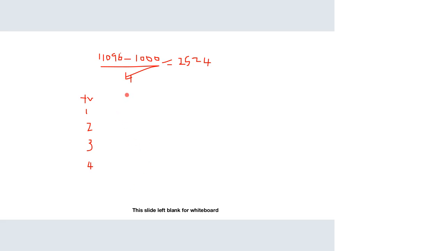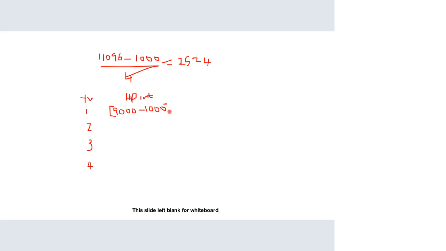Then the interest here, hire purchase interest. So now the calculation will be different. For year 1, we start with the cash price, which is 9,000, minus the installment, which is 1,000.